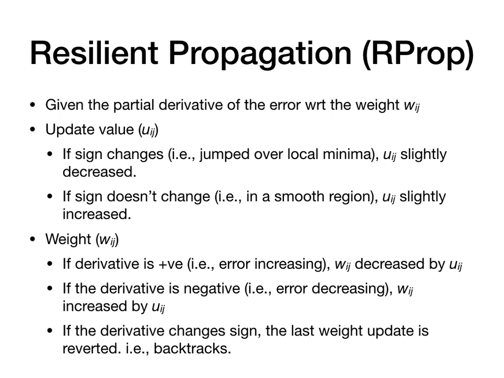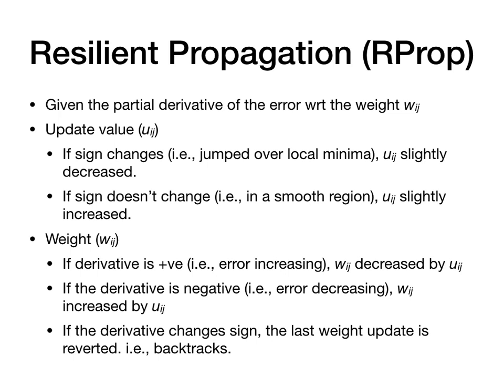Given the partial derivative of the error with respect to the weight, which is what backprop pushes back to do the credit assignment, first we look at the update value for weight ij. If the sign of the partial derivative changes from last time, that means it's jumped over a local minimum, so the surface is a bit curvy, and we slightly decrease the update value.